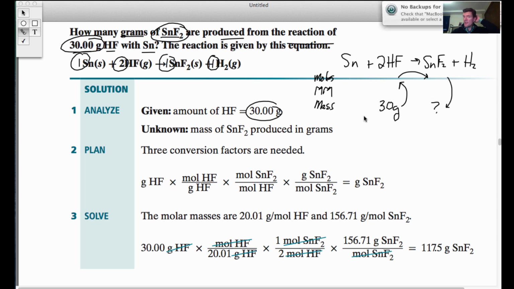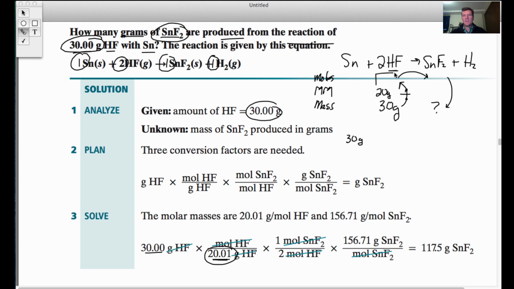So how do we do that? I'm not going to do all of the calculations, but I'm just going to show you the steps. We'd have to find the molar mass of HF. It looks like it's right there, about 20. So I take 30 grams, which I'm given, and divide by 20.